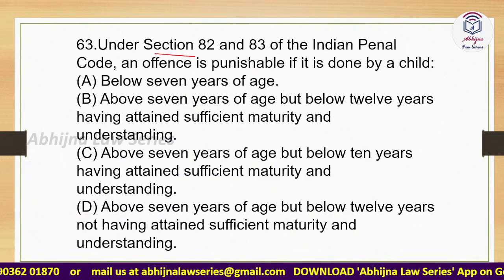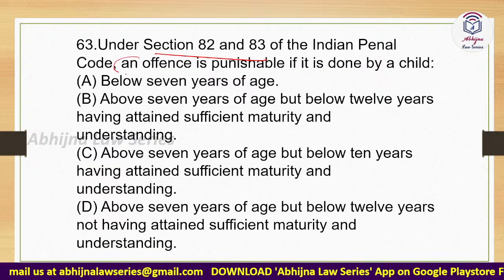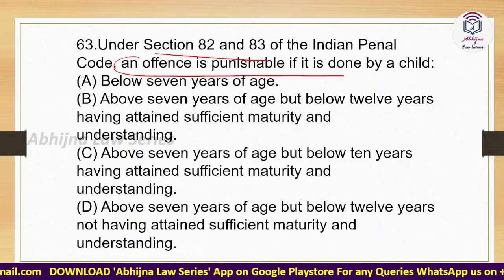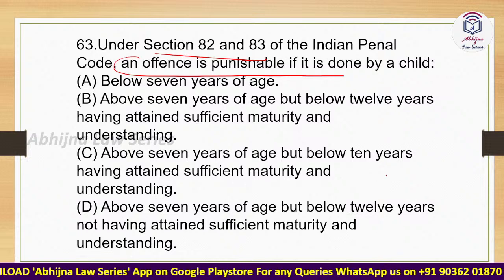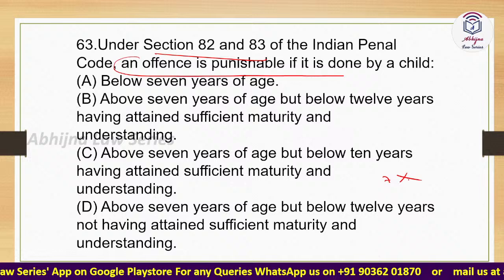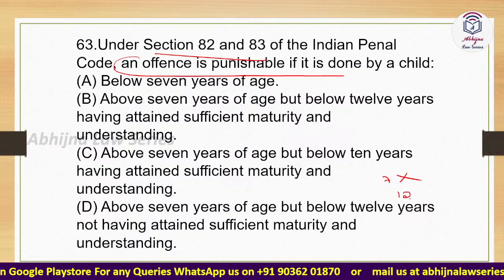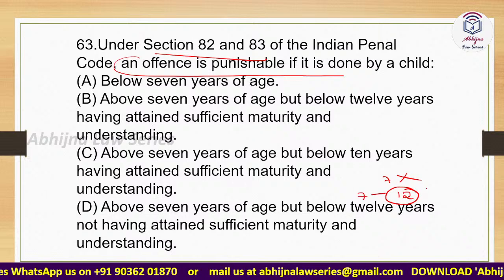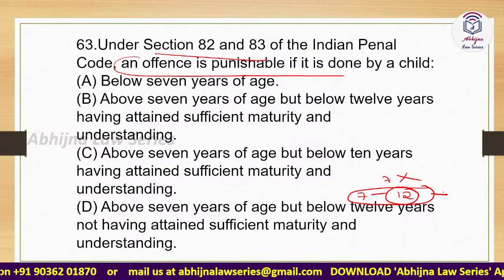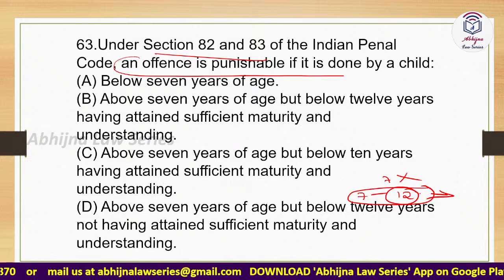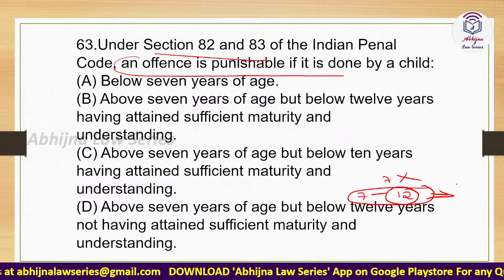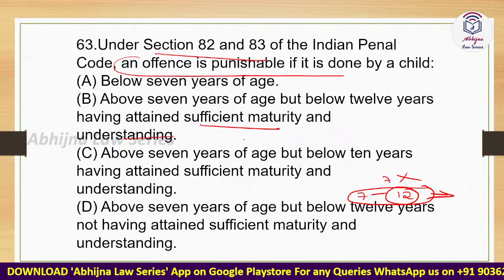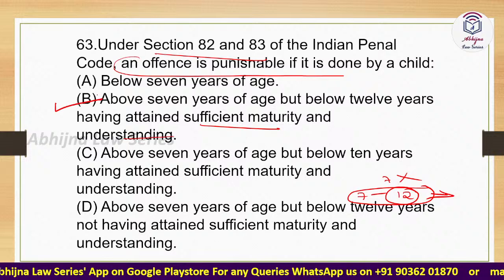Under sections 82 and 83 of the IPC, when is an offence punishable if it is done by a child? If it is done by a child below 7 years, there is complete absolute immunity. If the offence is done by a child between 7 and 12 years of age, and they have attained sufficient maturity and understanding of what they are doing, then they are said to have committed an offence.